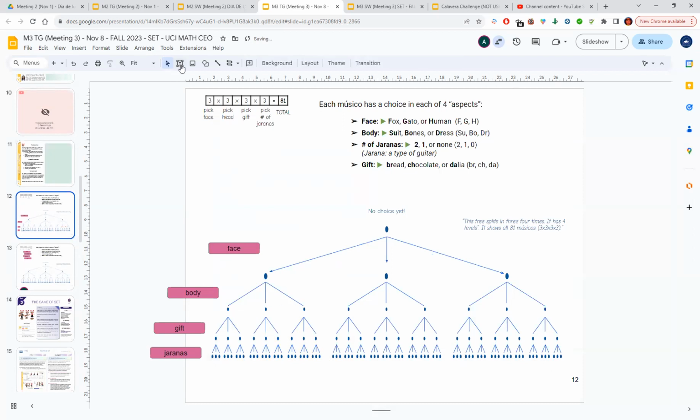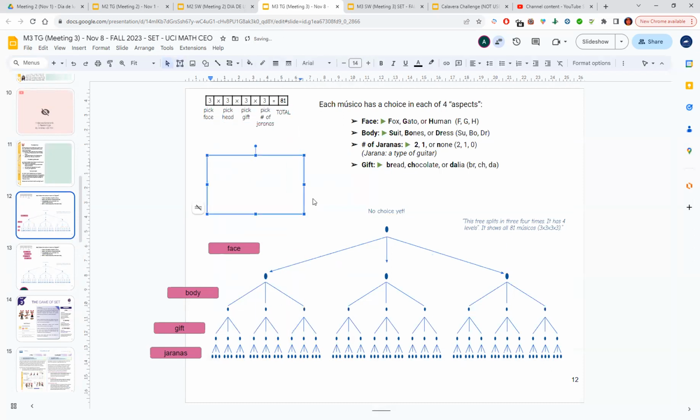So you could think about using logic and maybe using or, and not. I think we already use and a lot, like cats and pants or things like that. But so, for example, you could say músicos that are foxes or don't have chocolate.